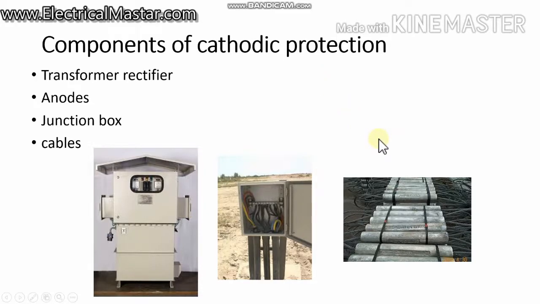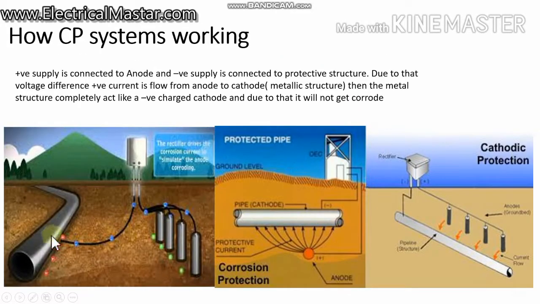You can see this picture, maybe you will get a clear idea. See here, this is the pipeline, and we want to prevent its corrosion. This unit is a transformer rectifier unit, and the positive and negative come out from here. The positive is directly connected to the anode.